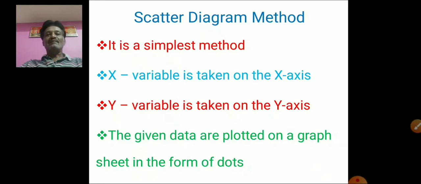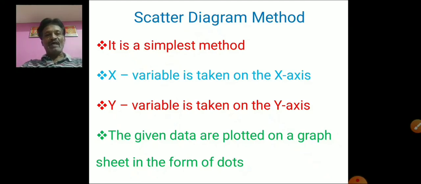Because of that, we say it is the simplest method of studying the relationship between two given variables. What we have to do is take the x variable on the x-axis and the y variable on the y-axis. So here we have both x and y variables.